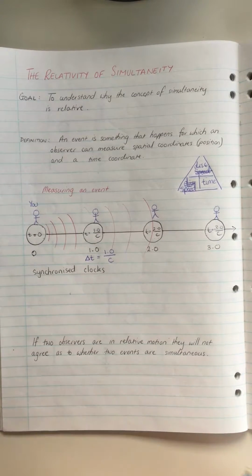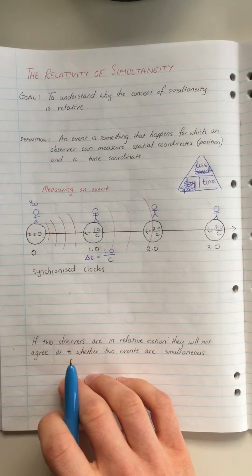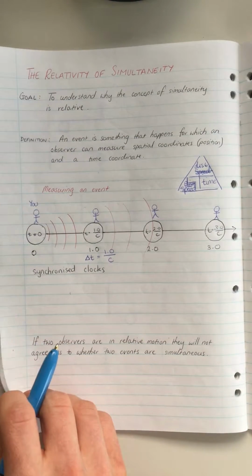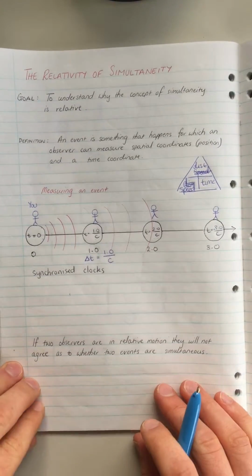And these two events, you might say one's before the other, or one's after the other, or they're simultaneous, and someone else can disagree about the relative times of them, so which occurred before and which occurred after the other. And we're going to show that with what we'll try to make a simple example, but this stuff does get a little complicated.